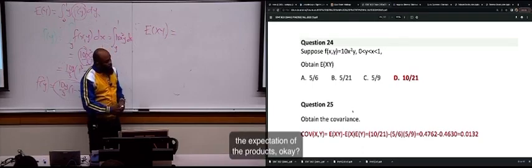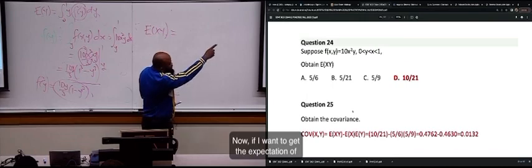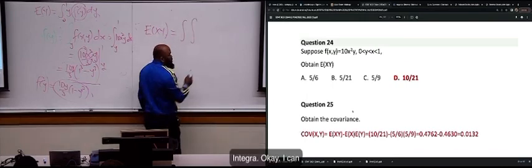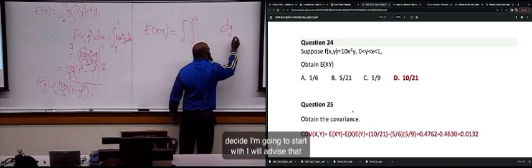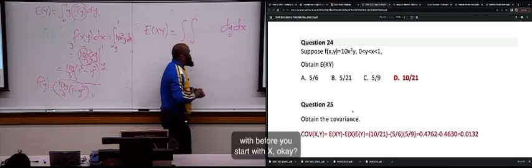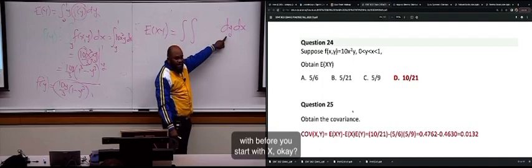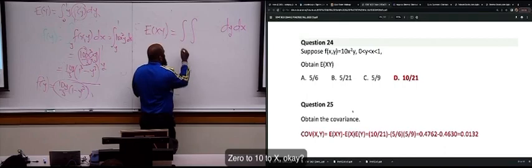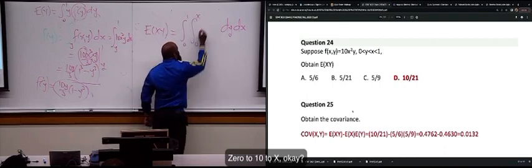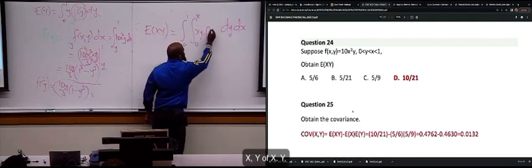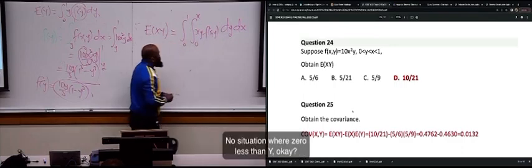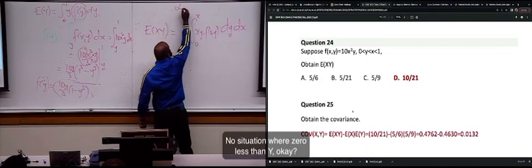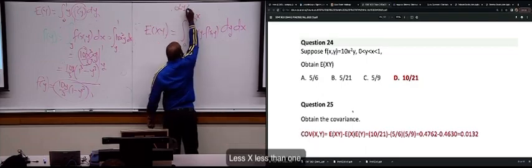Now, if I want to get the expectation of a product, I will advise that you first start with y before you start with x. So the integral from 0 to 1, then 0 to x, of xy times f of xy, for the situation where 0 is less than y, less than x, less than 1.